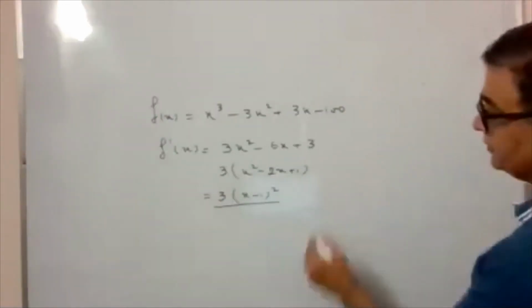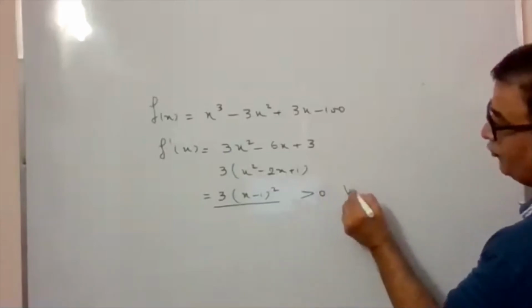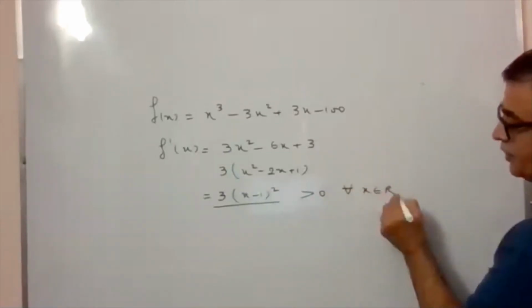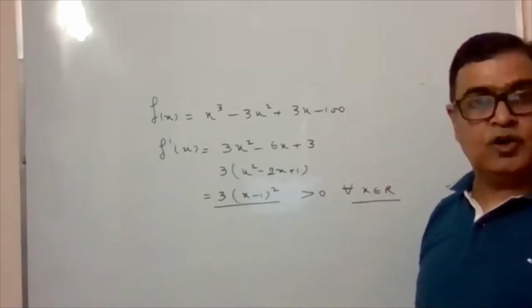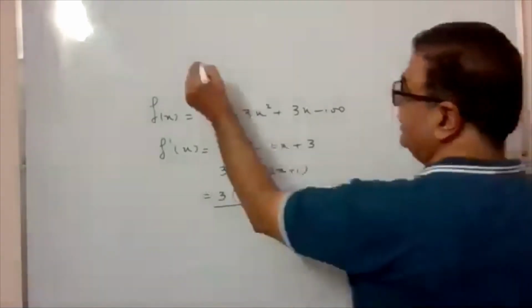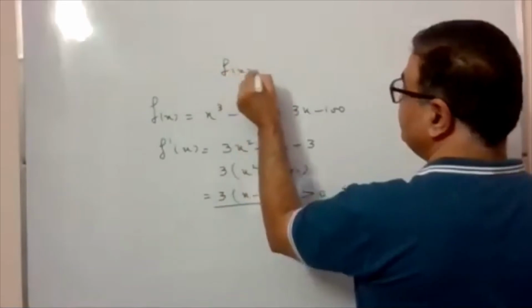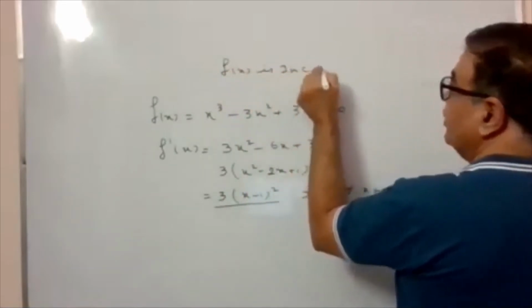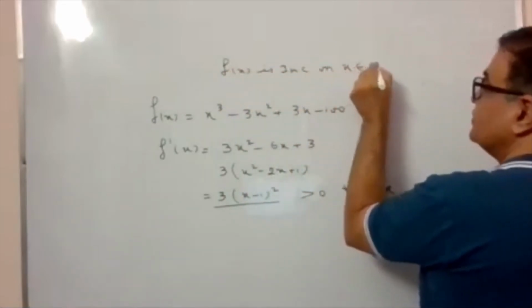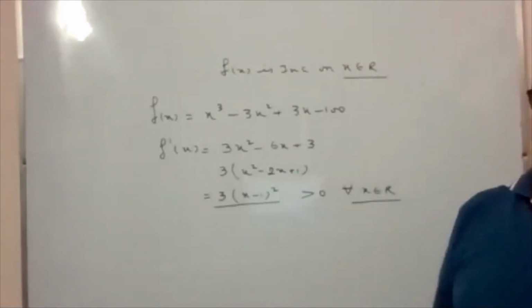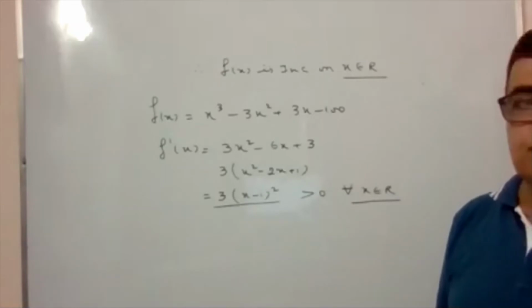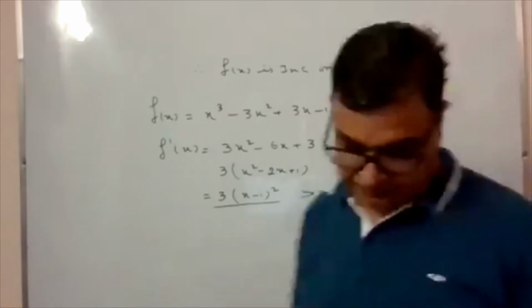So we will say this quantity is greater than or equal to 0 for all x belongs to real numbers. And if it is so for all real numbers, therefore fx is increasing on x belongs to real. So on the complete real numbers, it will be an increasing function.